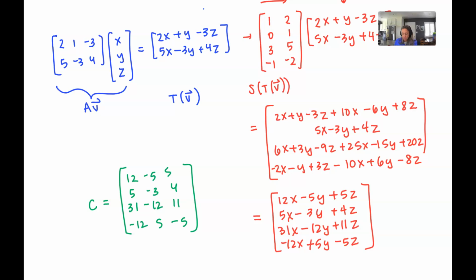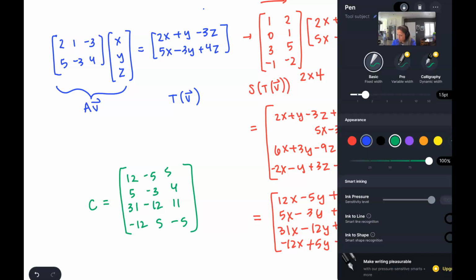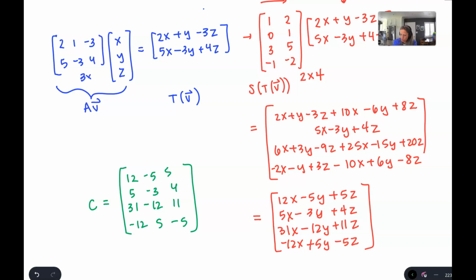Cute. And it does make sense. Let's look back at all the different dimensions of these matrices. We had a 2 by 4. We had a, I want to change this back to blue, a 3 by 2.